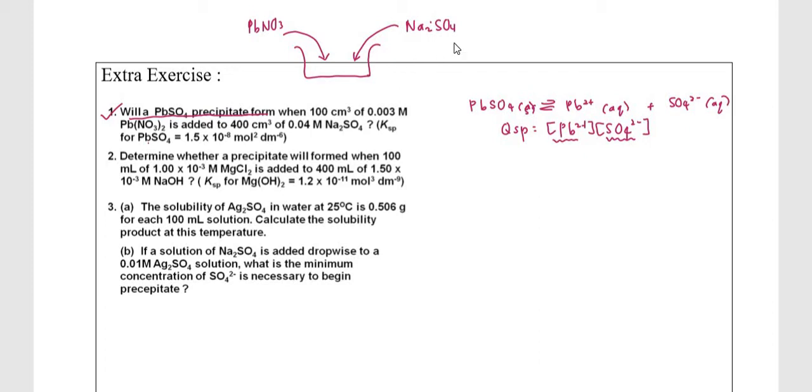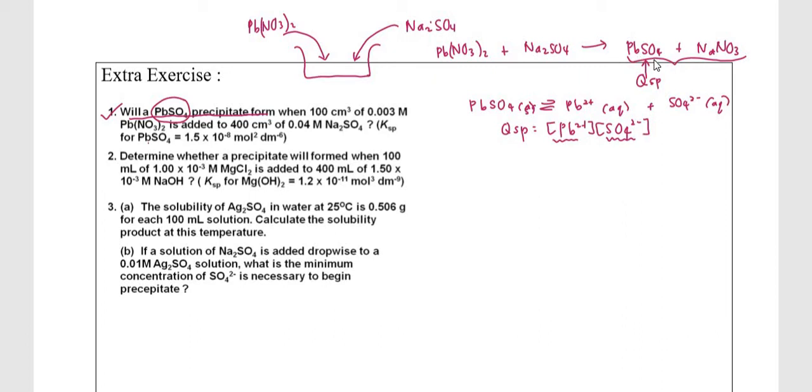So if you mix, Pb nitrate reacts with sodium sulfate, and you will produce PbSO4 and nitrate. Look, you get two products here. But for this case, he only asks about the precipitate of PbSO4. So, you only focus on the QSP of PbSO4.